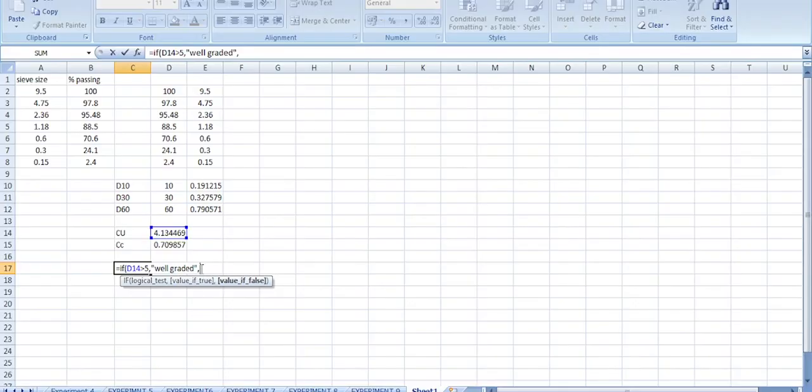So, and if it's not this, what will happen? The system should specify whether it is gap graded or whatever. So you can say if it's not this, you say gap graded.